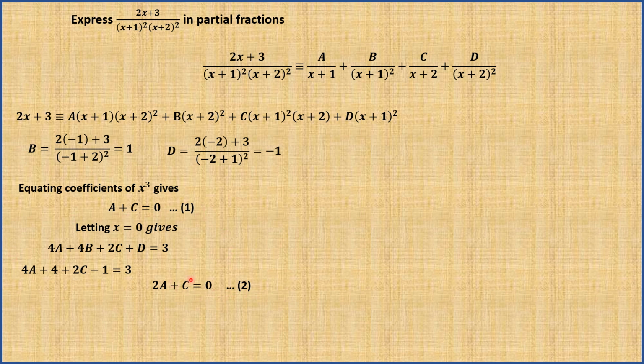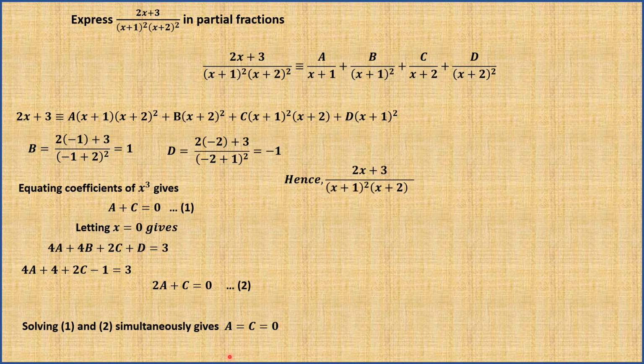Solving equation 1 and 2 simultaneously, if I subtract equation 1 from equation 2, I have a equals 0. Since a plus c is 0, it means that c must also be 0.